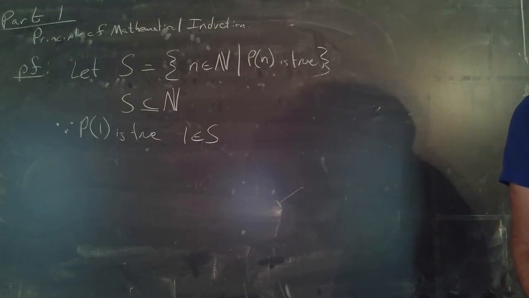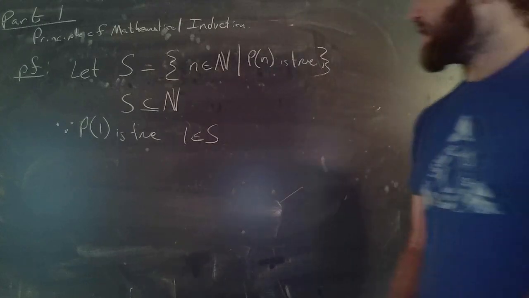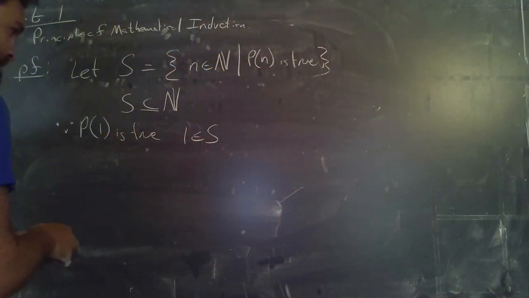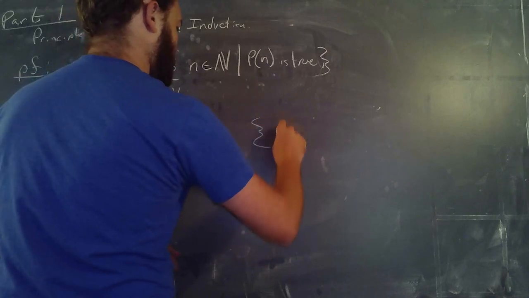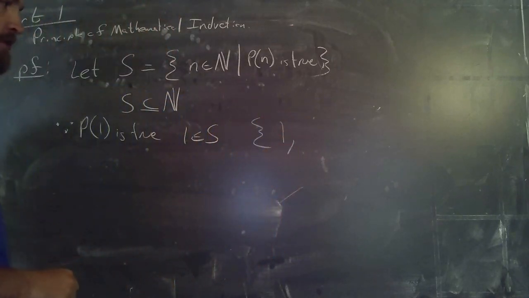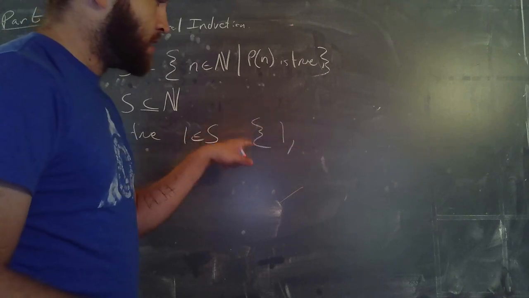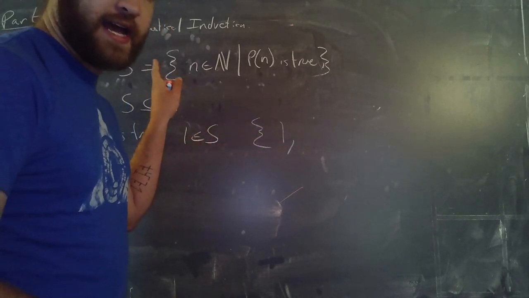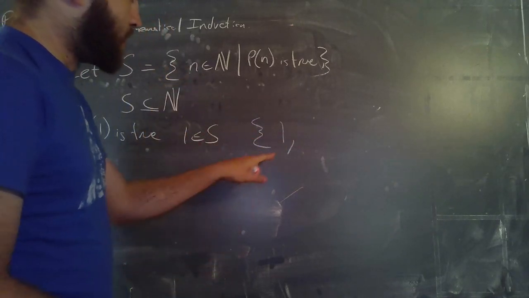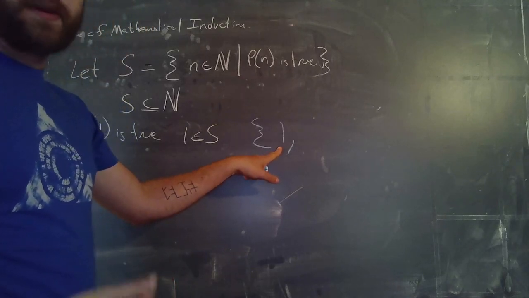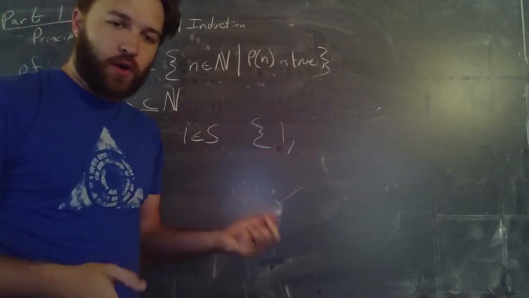Okay, so for each n in the natural numbers, and notice we already have that 1 is in our set. If I just keep a running total over here, I've got this blue notation. This is going to be our set S. From the basis step, we already have that 1 is an element of our set. Otherwise, we won't be able to use induction on it at all.